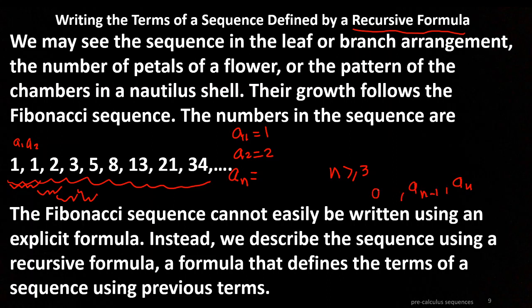The one before that would be a sub n minus 2. So the formula should be a sub n minus 1 plus a sub n minus 2. So that's called the recursive formula. And if you have this, everybody can find all the terms of this sequence.